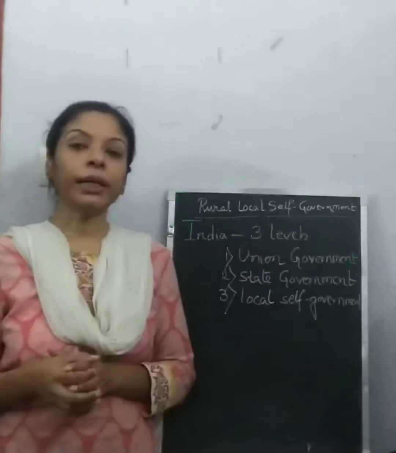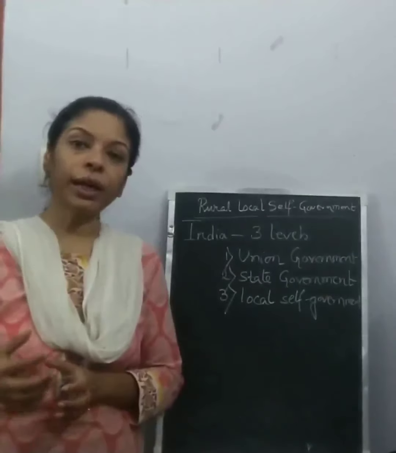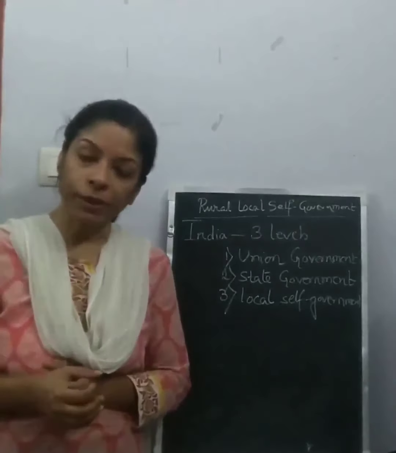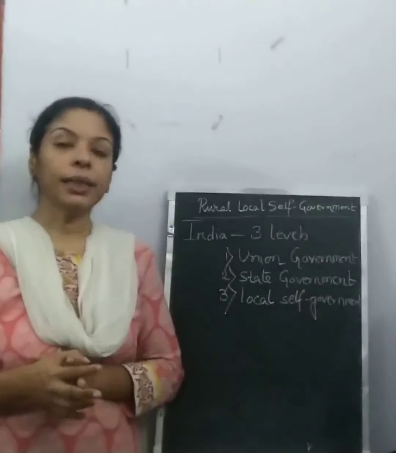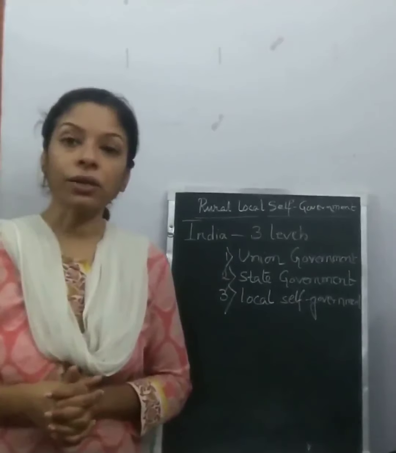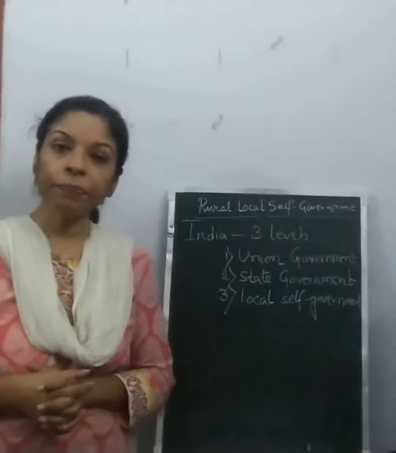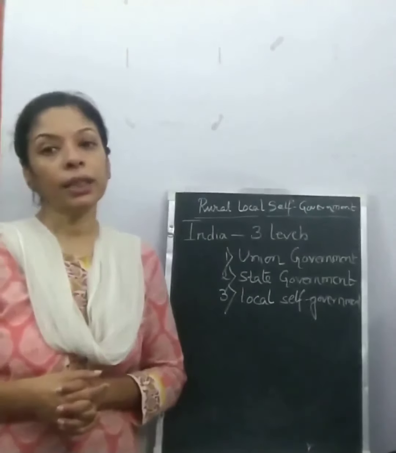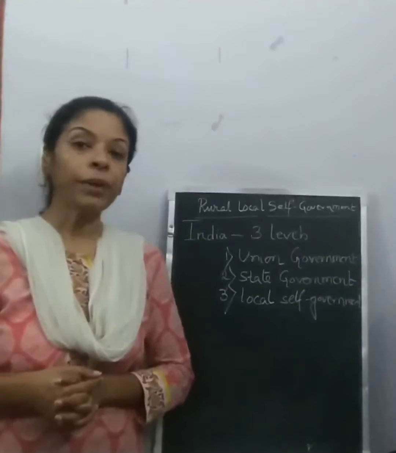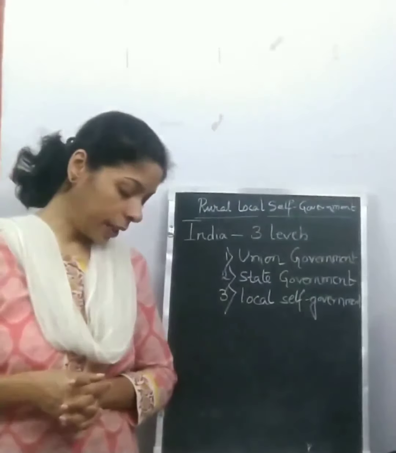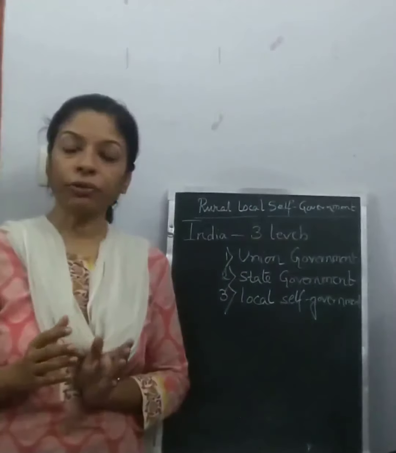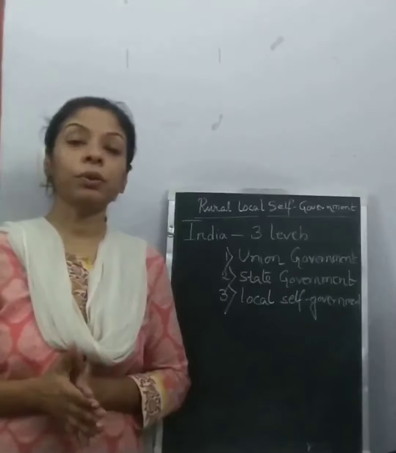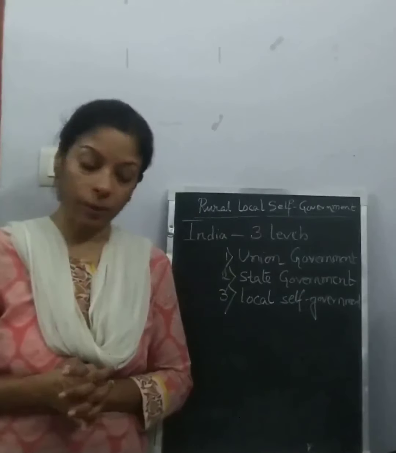Every country in the world has a government of its own. In India, the government that we have is called a democratic government. The government in the United Kingdom is called a constitutional monarchy. So it is a kind of system that is responsible for running the administration.